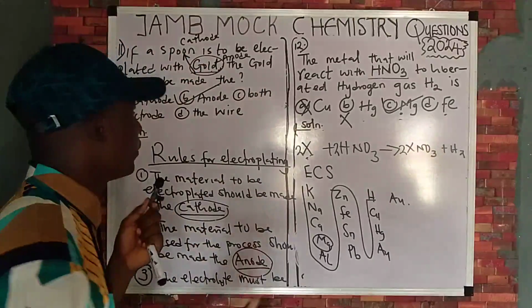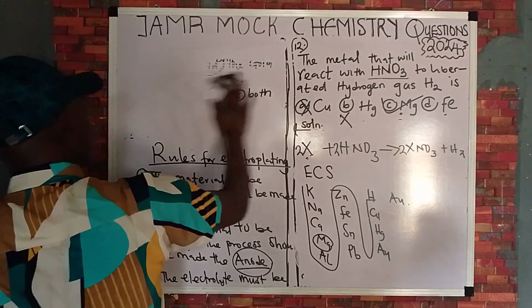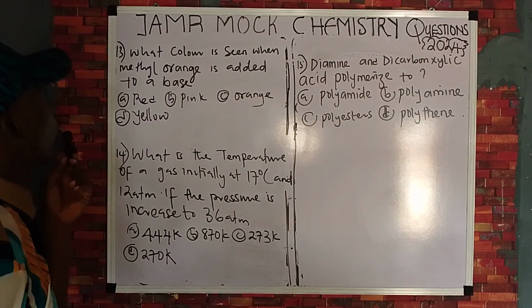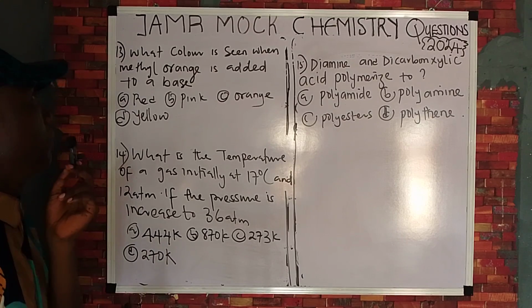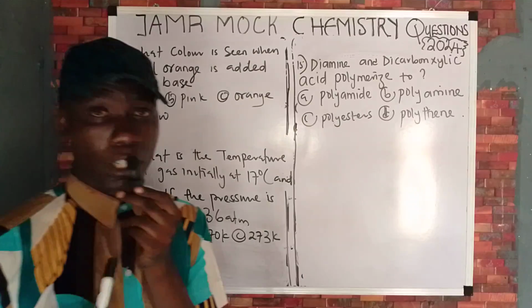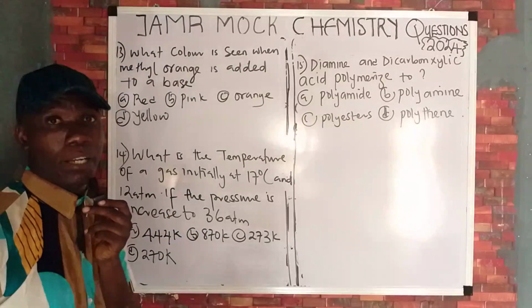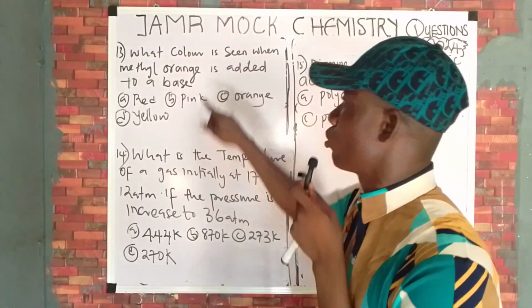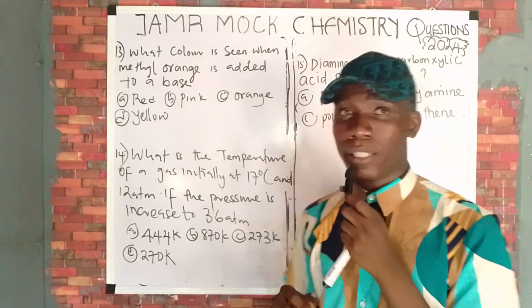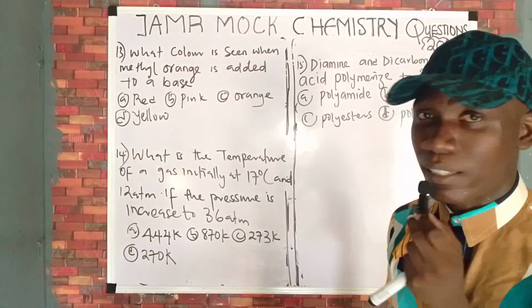Okay, we'll take 3 other questions before we... What color is seen when methyl orange is added to a base? I'm going to answer question number 13, and I'm going to leave the other JAMB mock questions for you to answer.